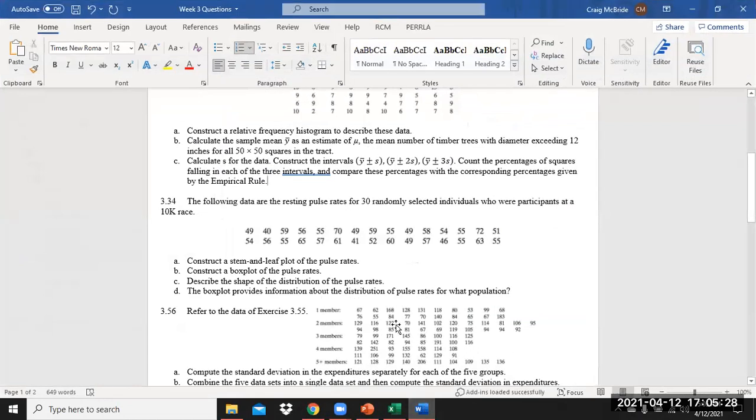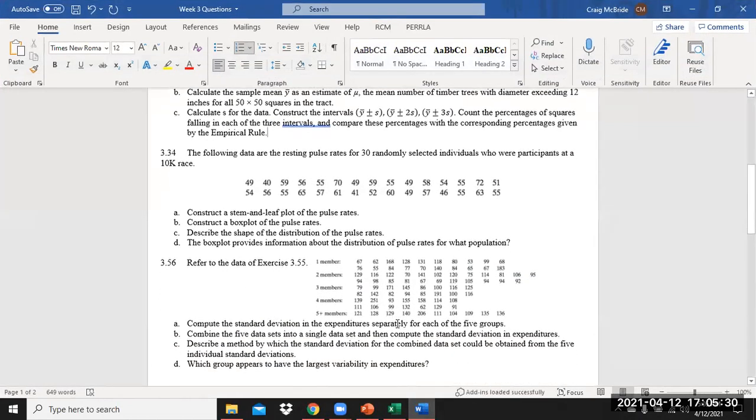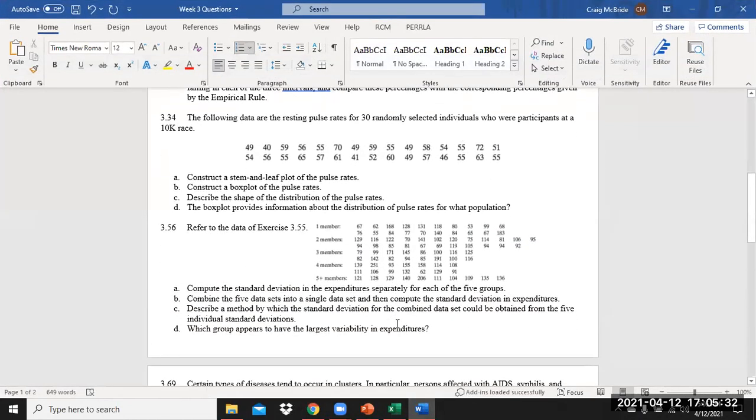Part C. Okay. So this is kind of similar to the question we had last week, where you had all those different groups and you calculated the means of all of the individual groups. Then you calculated the mean of the entire set of data as one. And then it asked you if there was a way that you could get the entire group from the individual groups.